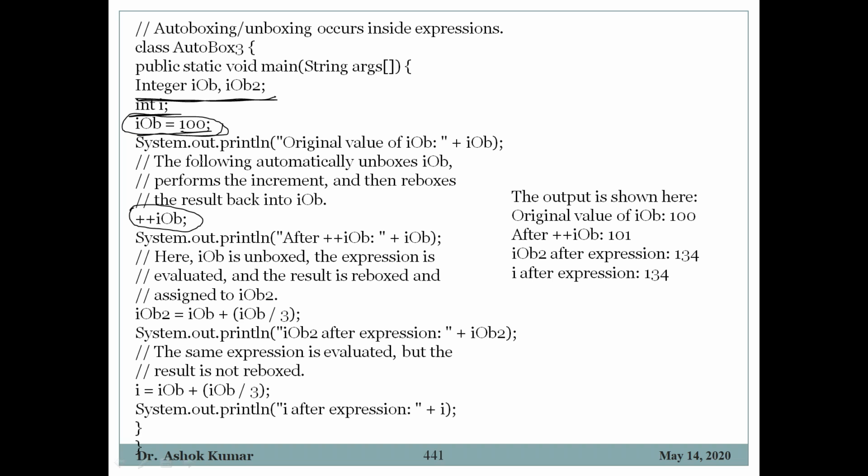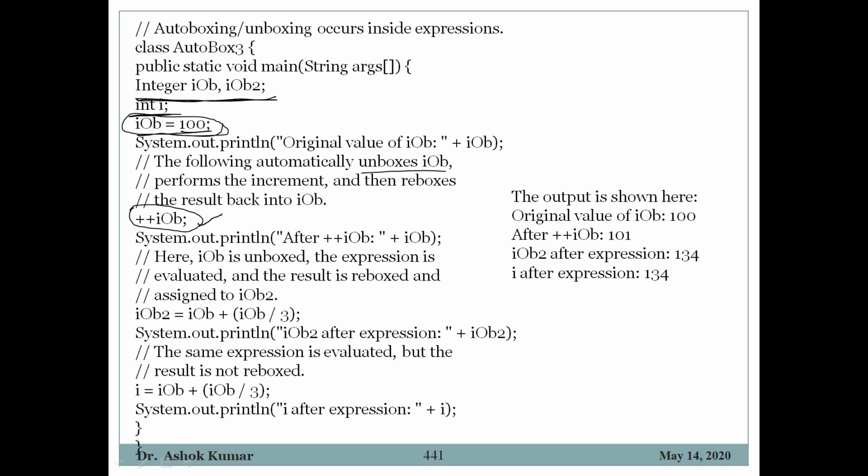So first the object will be unboxed, auto unboxing will happen, then the increment operation will be performed, and then on the new value the reboxing will happen. Again the fundamental will get converted into the object. So this is the operation.